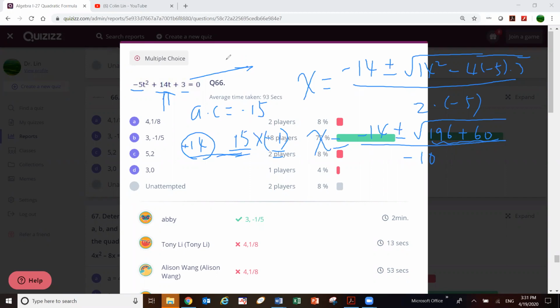The square root of 256 is 16, right? Is it? Anyone answer me, please? Yes. Over -10. So -14 plus 16 is positive 2, over -10. And -14 minus 16 is -30, and -30 over -10 is 3, right?